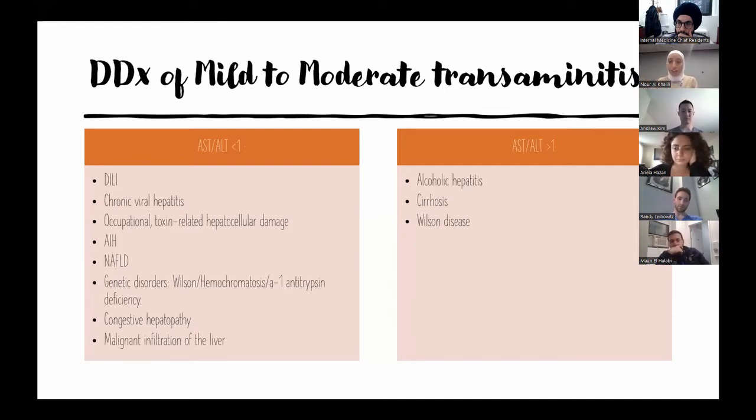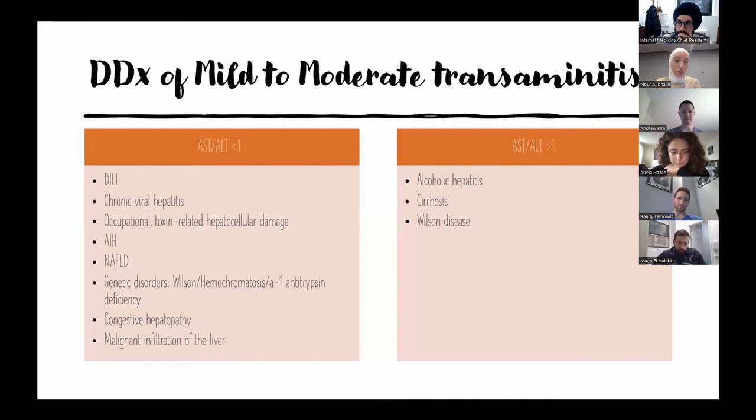So they usually have hemolysis, and that's why they also have AST more than ALT. But in patients with cirrhosis and alcoholic hepatitis, there is dysfunction of the enzyme that produces ALT, so the ratio would be different. So these are the only three usual differentials that make AST more than ALT.